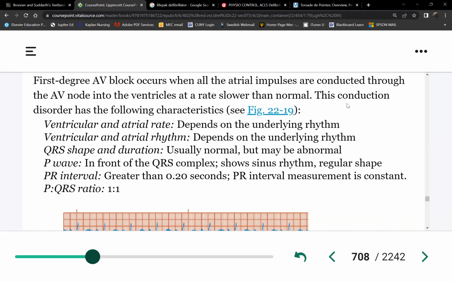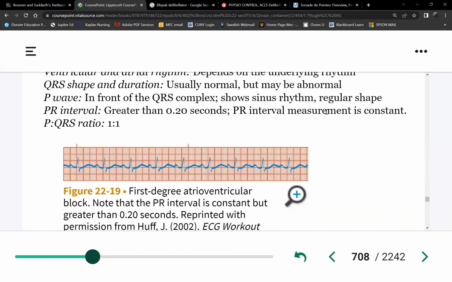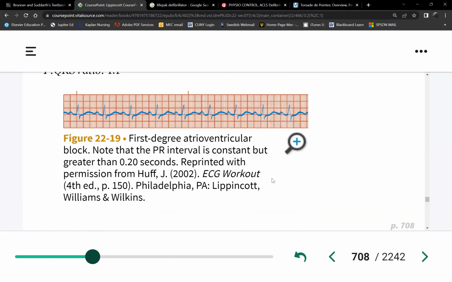What should it be? 0.12 to 0.2 seconds, so it's only supposed to be between 3 and 5 small boxes. This is what it looks like. It may reach 60 in some, maybe 61, but definitely the PR interval is longer than 0.2 seconds.